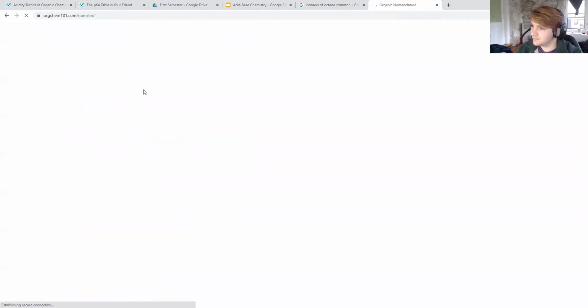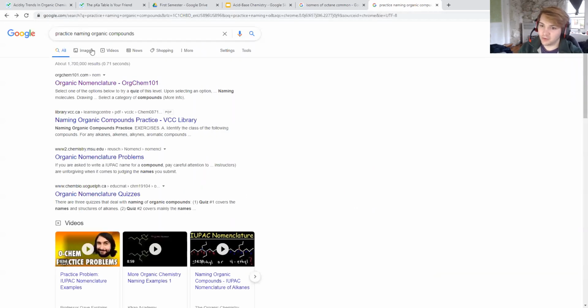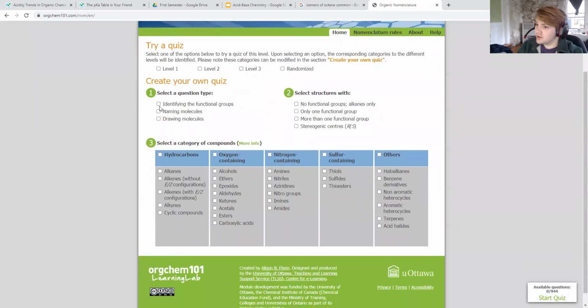Here it is. This is Org Chem 101, they're just typing practice naming organic compounds. This is brilliant. So you guys are going to be doing naming and drawing probably. And your only functional groups are here. So I don't think you guys are doing functional groups yet, right?